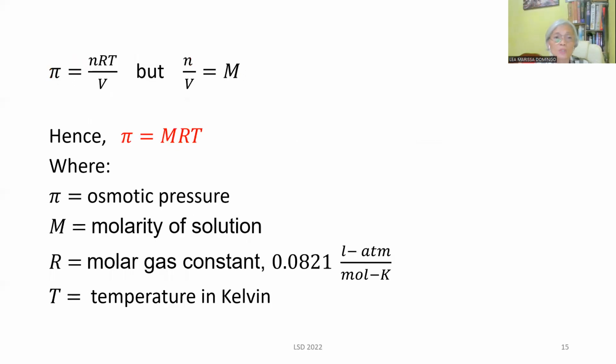Okay? So here's the formula. May parang PV is equal to nRT. No? Yung pressure natin, dinenote natin by pi instead of P. So pi is equal to nRT over V. Na-meet na natin to before, tong equation na to, yung PV is equal to nRT.